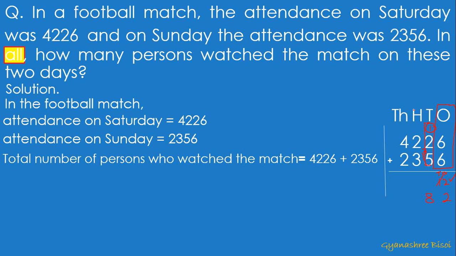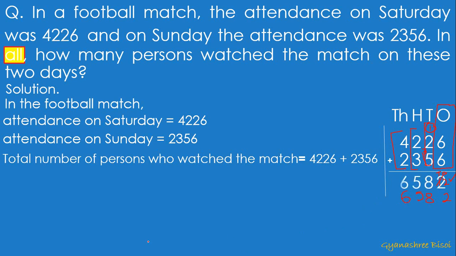Now I will move to the next place, that is hundreds place, and I will add the digits that are at hundreds place. 2 plus 3, that becomes 5. I'll write 5 below hundreds place. Now I'll move to thousands place. At thousands place, I have 4 plus 2, and 4 plus 2, that becomes 6. So I'll write 6 at thousands place. Got it?